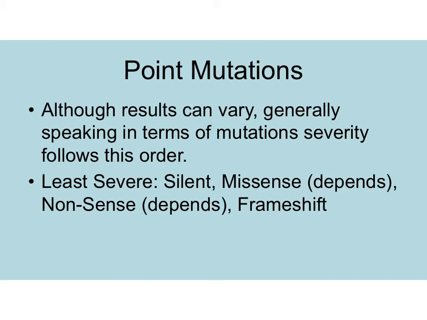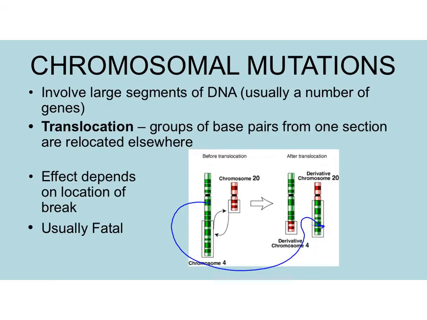Like if you have 100 amino acids and the stop codon happens after the first one, so now you only have 1 amino acid when you need 100 to make the protein, it's going to be really severe. But if you get 98 of the amino acids done and then the early stop codon gets initiated, then it's not going to be as severe. And by far, a frame shift is the most severe. That's insertions or deletions, because now you're just going to screw up all the amino acids downstream.